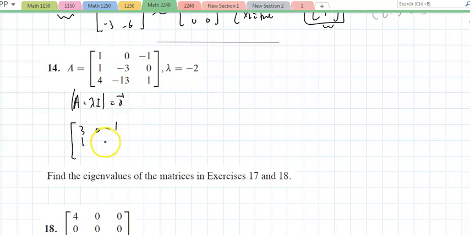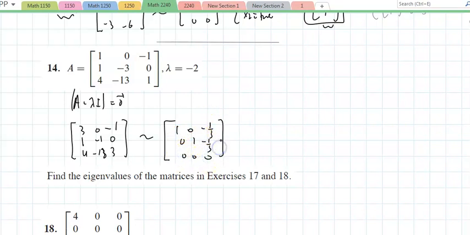Negative 3 plus 2 is a negative 1, and 4, negative 13, and 1 plus 2 is a 3. And if I row reduce this, I'll get 1, 0, negative 1/3, 0, 1, negative 1/3, and 0, 0, 0, which indicates x3 times, because x3 is free, 1, 1/3, and 1/3.